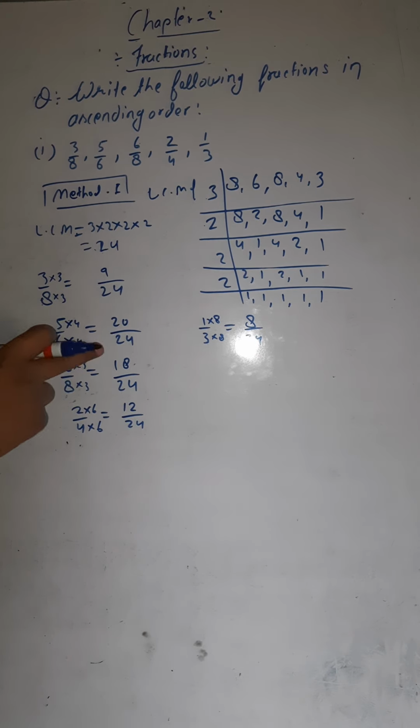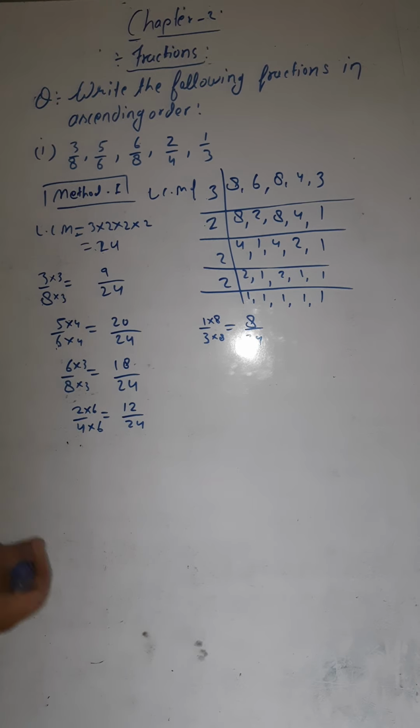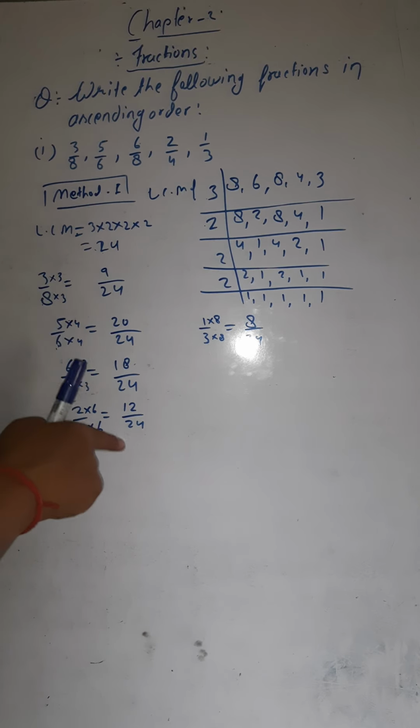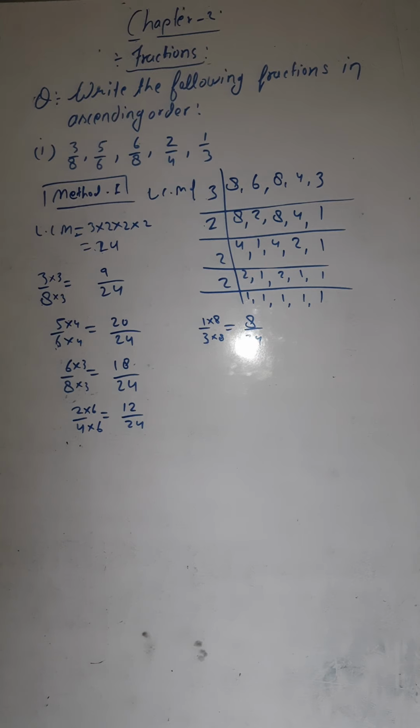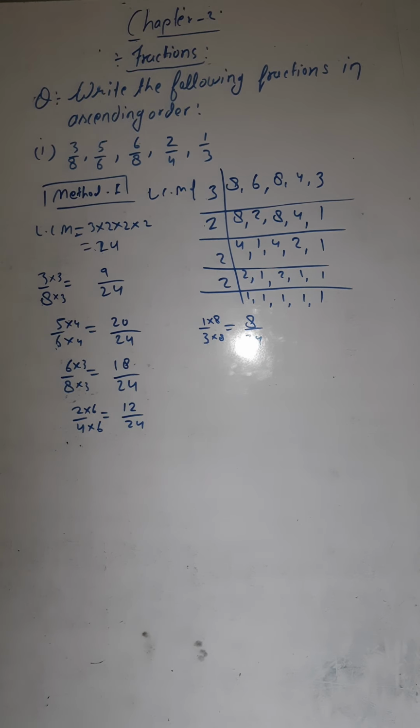Now if the fractions have the same denominator, the fraction which has the least numerator would be the least fraction. Are you getting this? If the denominators of all the fractions are the same, which is the least numerator here?